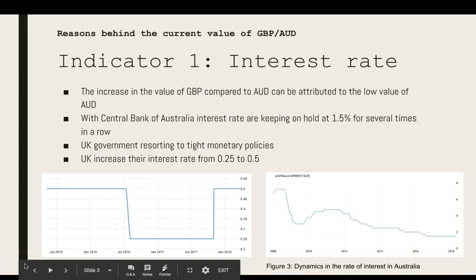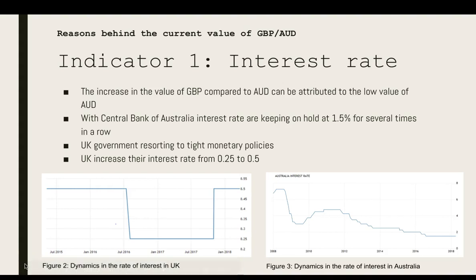The first indicator behind the current volume of GBP AUD is the interest rate. The increase in the volume of GBP compared to AUD can be attributed to the low volume of AUD, which again can be attributed to the low cash rate, which has been kept by the Central Bank of Australia at 1.5%, thereby facilitating an increase in the supply of money in the economy, which in turn has led to its devaluation.